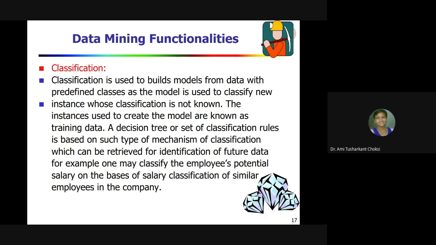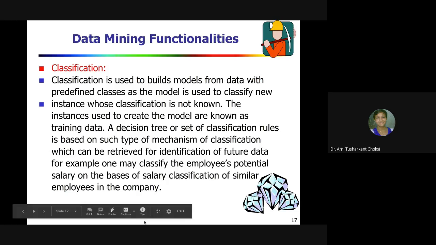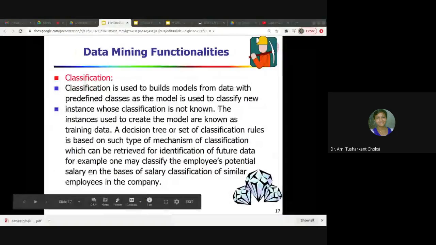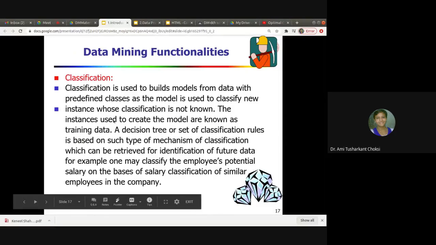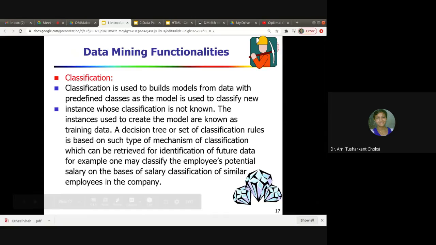So what actually do we want to do? For example, we have an animal data set. Over there, say we are having cat and dog, right?